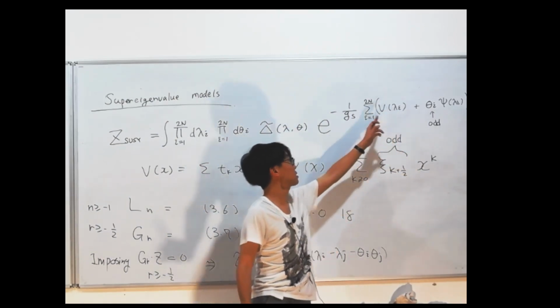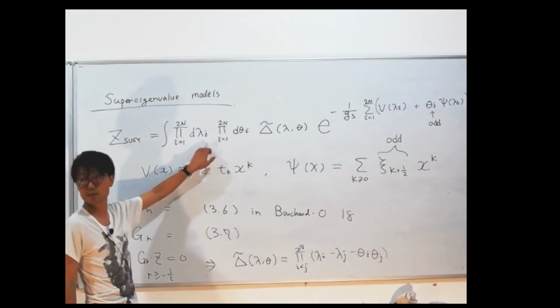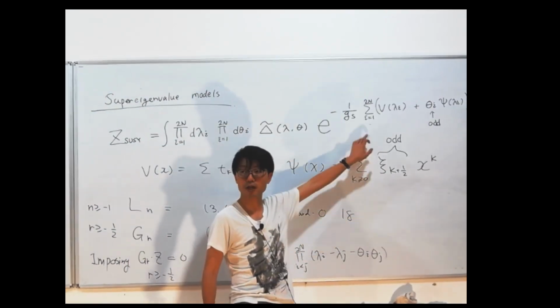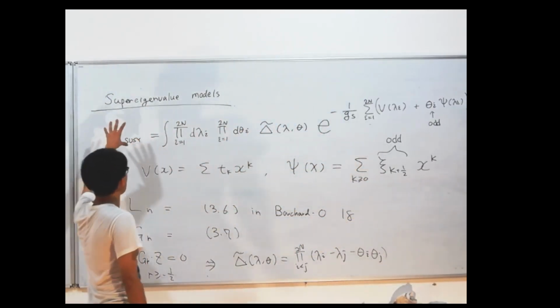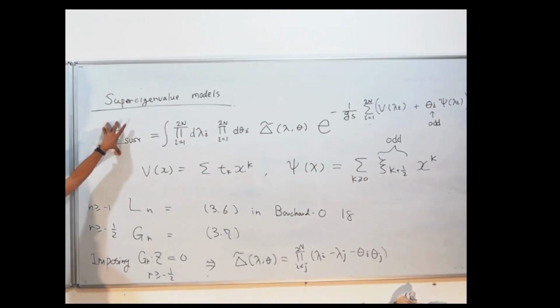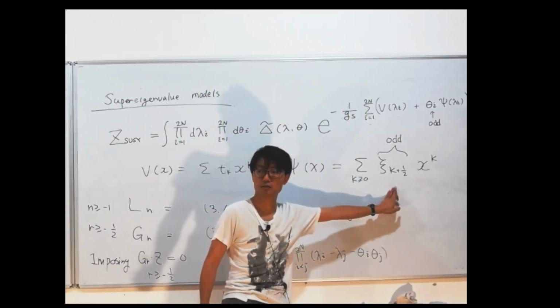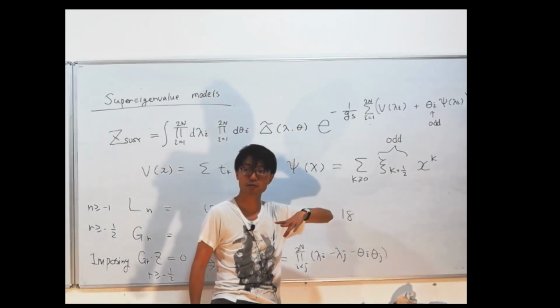The thetas are the odd variable that you integrate, and the x's actually remain. Formally, this depends on x's. And also these Virasoro operators, they are differential operators with respect to t's and x's. Okay, that's the answer to the first question.